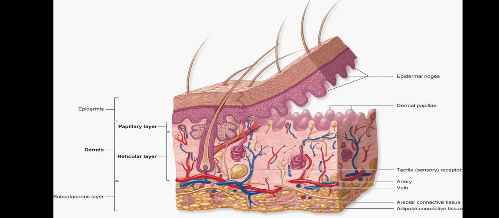The epidermis is the outermost, or the upper portion, and the dermis would have 2 layers, the papillary layer and the reticular layer, as shown in the representation. And down from the dermis is the subcutaneous layer, also known as the hypodermis.